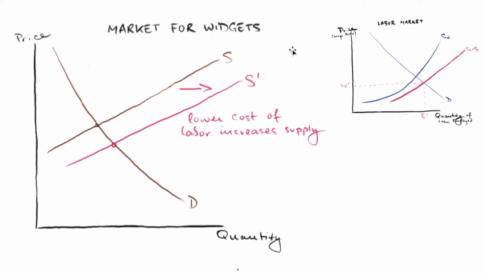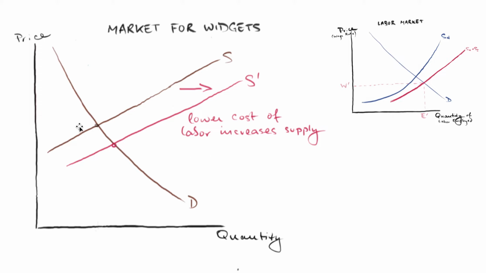And if one of the factors of production becomes cheaper, the supply curve will shift to the right. It's an increase in the supply. So in this case, I've marked that the lower cost of labor will increase the supply of widgets.